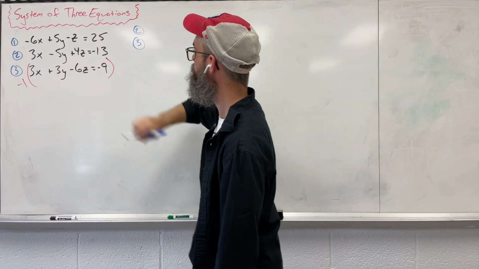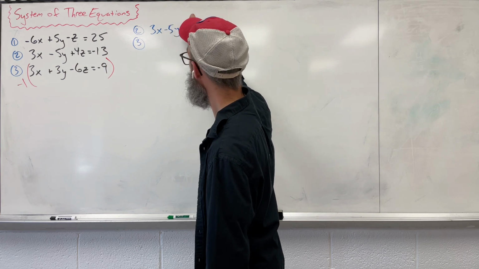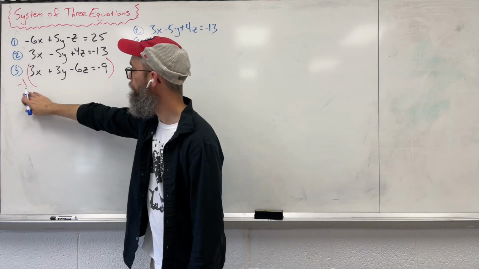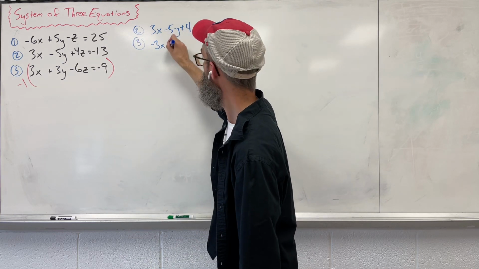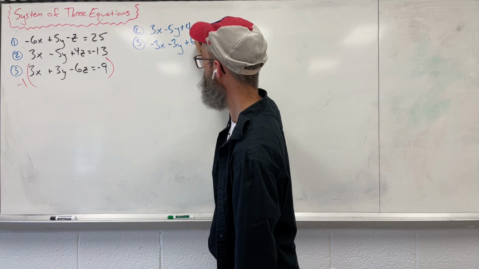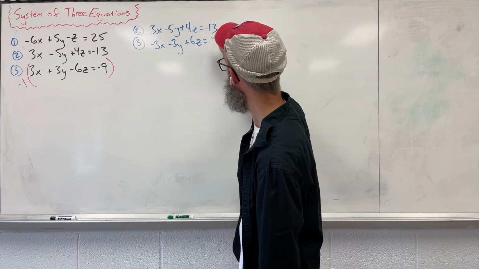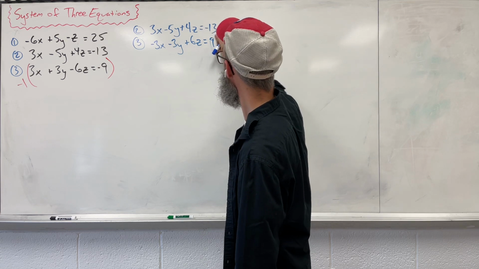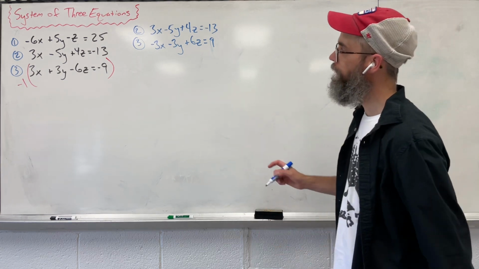So 2 and 3. 2 stays the same. 3x minus 5y, 4z, and negative 13. I want to multiply negative 1 to everything here. And remember, it goes to x, y, z, and that number after the equal sign. So why am I multiplying everything by negative 1?